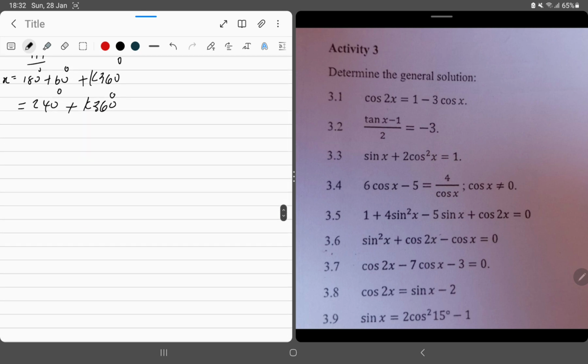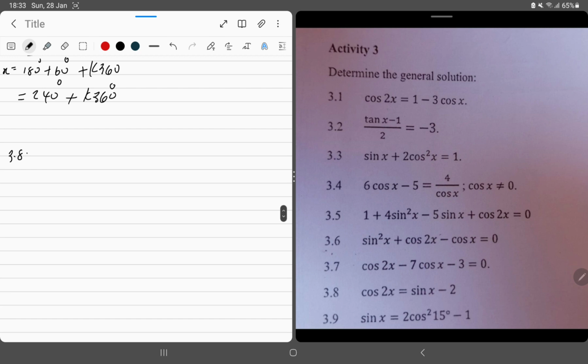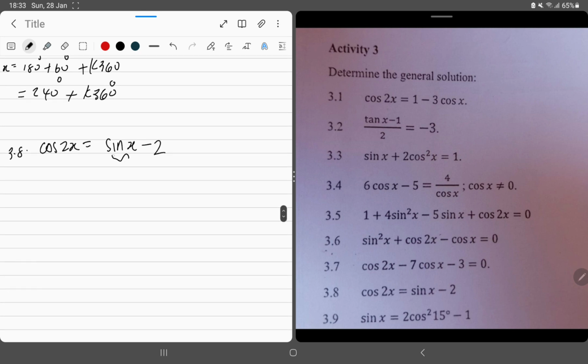And then 3.8. Yes, 3.8. Cos 2x is equal to sine x minus 2. I have a sine on the right, so I'll change this one to 1 minus 2 sine squared x is equal to sine of x minus 2.